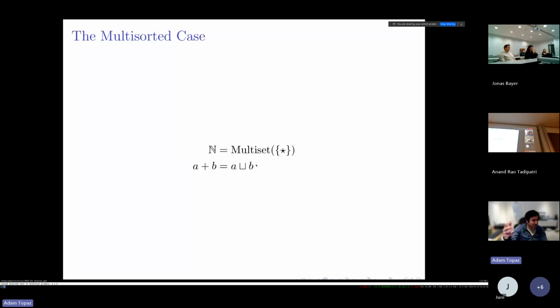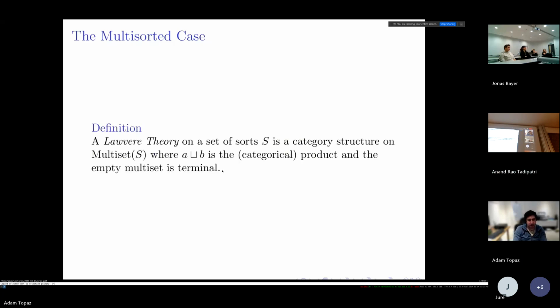Now, if I repeat the same story, replacing the natural numbers with multi-sets on some arbitrary set of sorts, then I get the notion of a multi-sorted Lawvere theory. Here's the definition with respect to a particular set of sorts S: it's a category structure on the collection of multi-sets where the disjoint union is the categorical product and the empty multi-set is terminal.